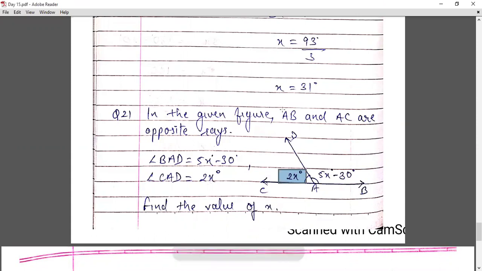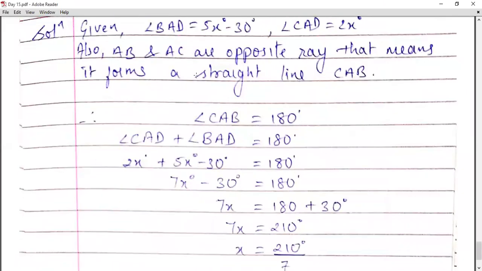Now, since it is saying AB and AC are opposite rays, that means they will form a line. If they are forming a line, then the angles above the line will form a linear pair. Hence, angle BAD and angle CAD form a linear pair. So we have been given the two angles.